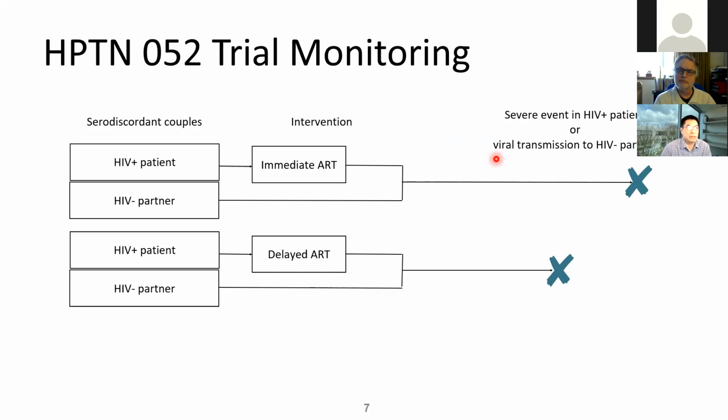The composite endpoint is a combination of a severe event in HIV positive partners plus viral transmissions that would happen to HIV negative partners. So this is a schematic diagram of what events may happen to a couple in the two arms.